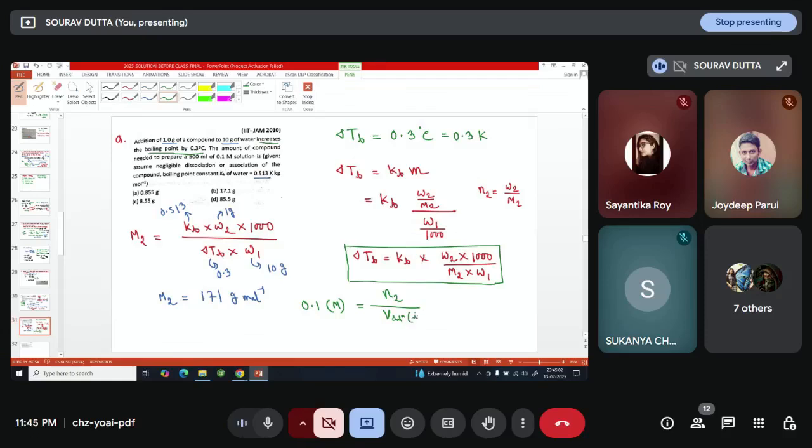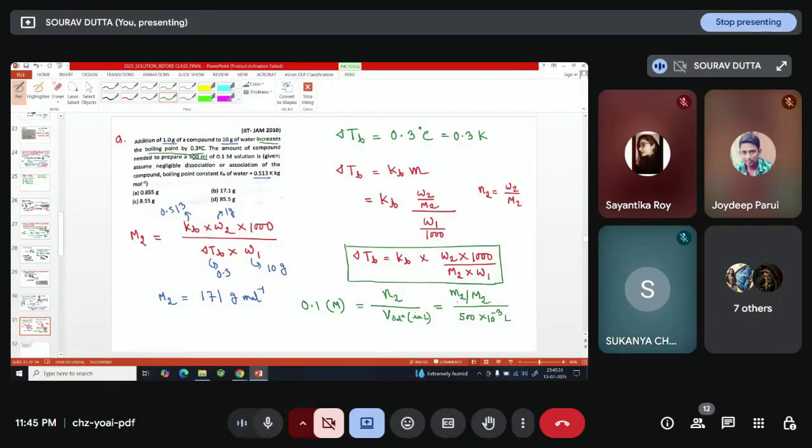I have already discussed this in lecture 1. Moles means mass of solute divided by molar mass. The volume of the solution is 500 ml, so you have to convert 500 ml into liter by multiplying by 10 to the power minus 3.